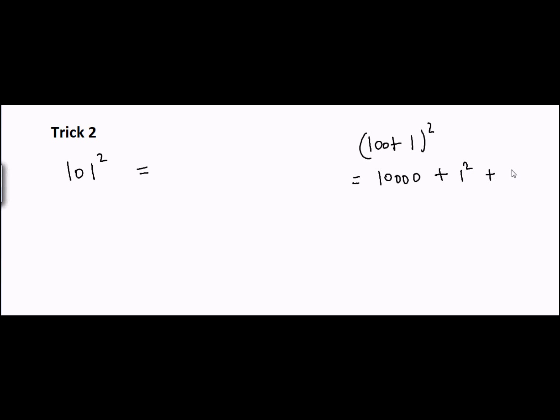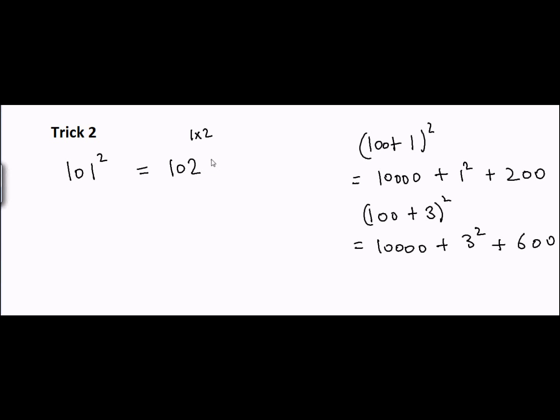In the same thing, if we have 100 plus 3 square, then that will be equal to 10,000 plus 3 square plus 600, right? So when we have to take 101 square, what we have to do is add 1 into 2, so that will be 102, and then take 1 square, that will equal 1 here.